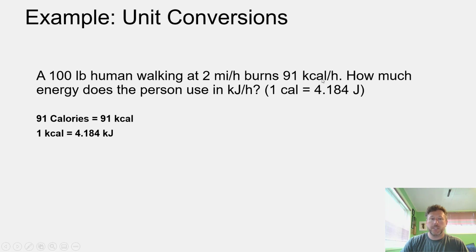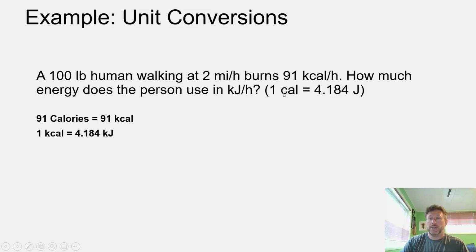We want to convert those kilocalories to kilojoules. That's not too hard. If 1 calorie is equal to 4.184 joules, there's going to be 1,000 calories in a kilocalorie, and there's going to be 1,000 joules in a kilojoule.